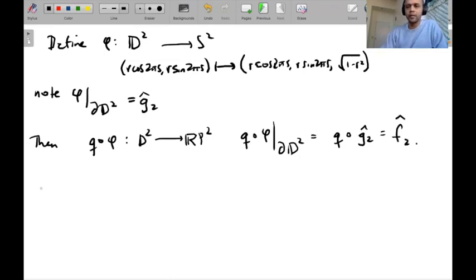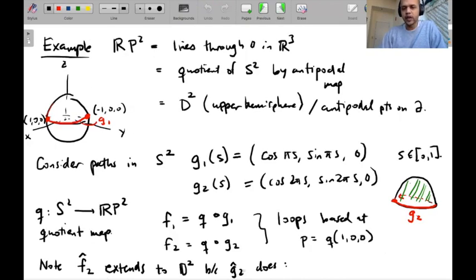Okay, so this is explaining the claim that F2 hat extends to the disk because G2 hat does.